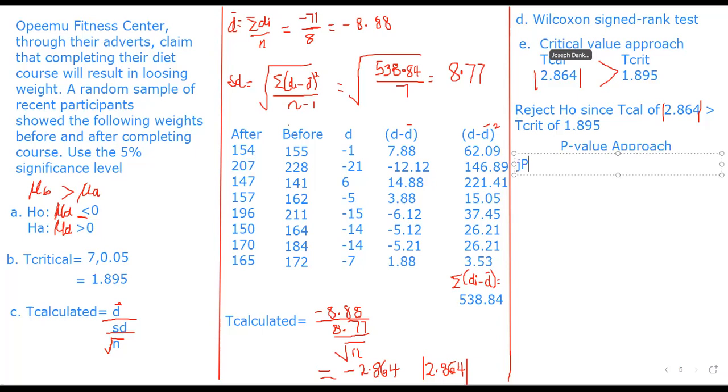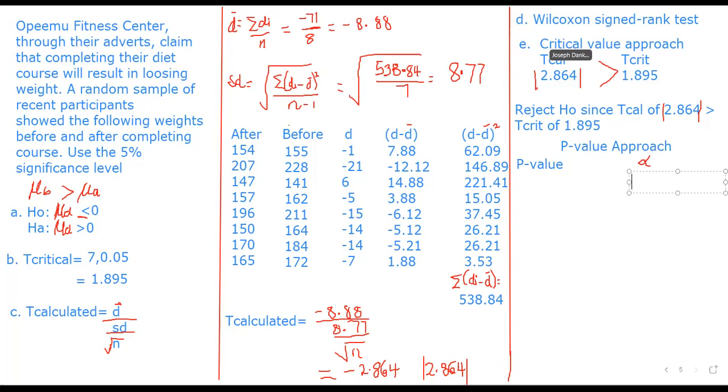So for the p-value, how do you get it? You find the probability of the T calculated. The alpha was 0.05.